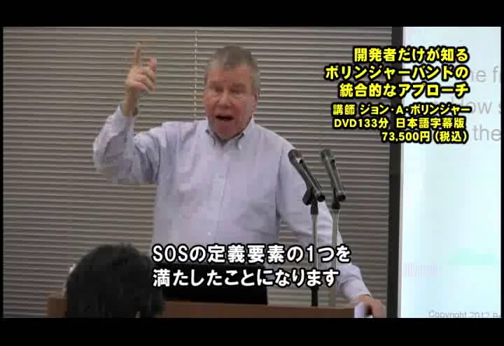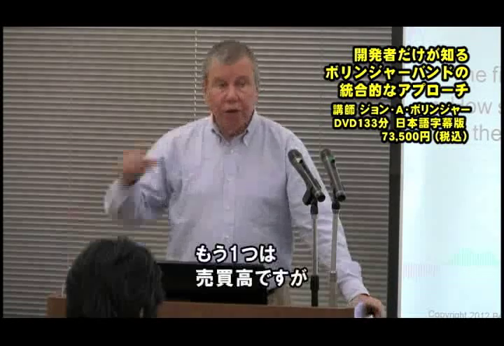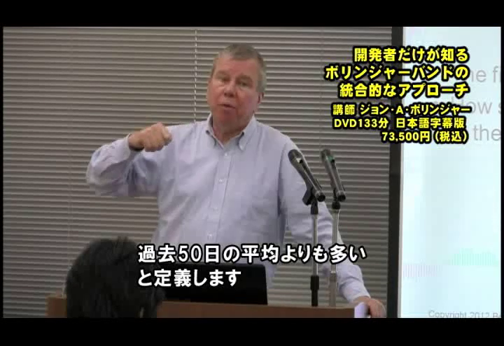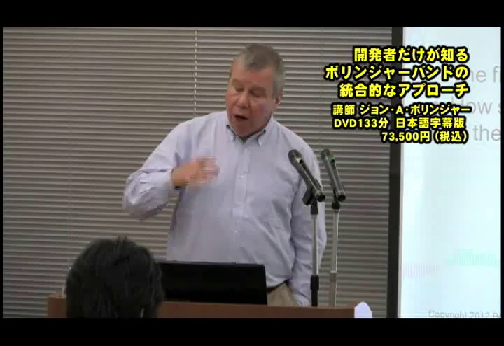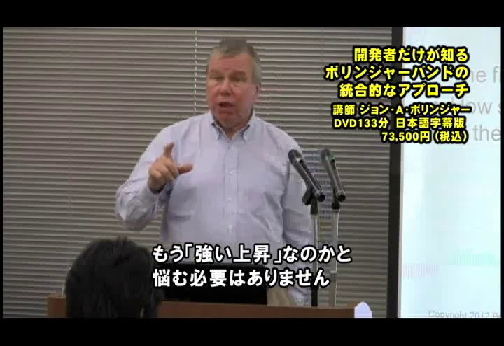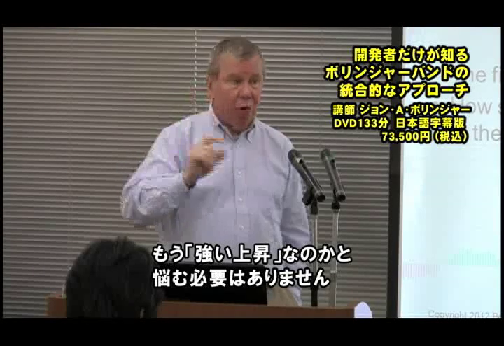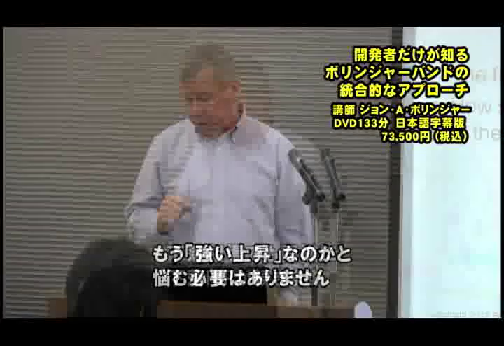It's greater than average. That's one component of a sign of strength. The other component is greater than average volume. We say when volume is above the 50-day moving average. So a BB impulse helps us define the sign of strength, so we don't have to guess anymore as to whether it is a strong day or not.